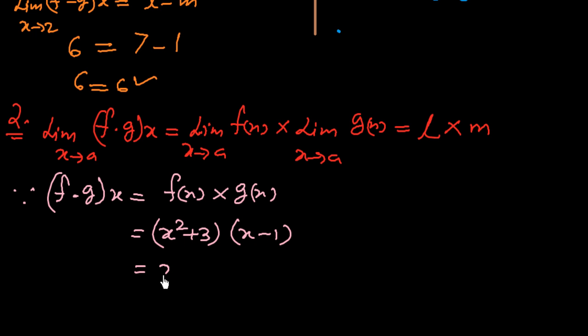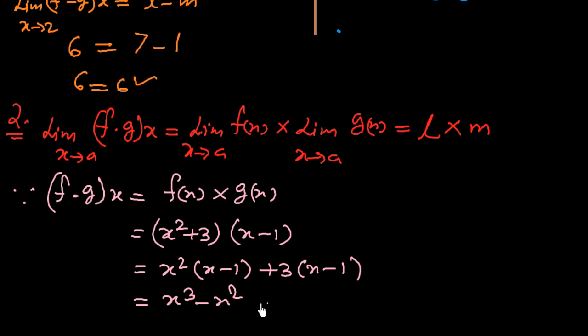So now we simplify this. x square into x minus 1 plus 3 into x minus 1. So we get here x cube minus x square plus 3x minus 3. So this is our f into g of x. We have got this.